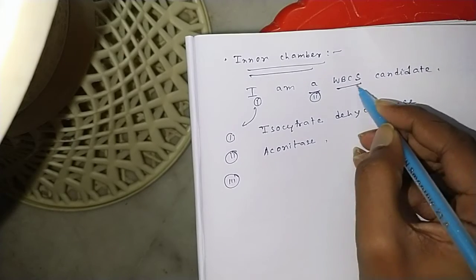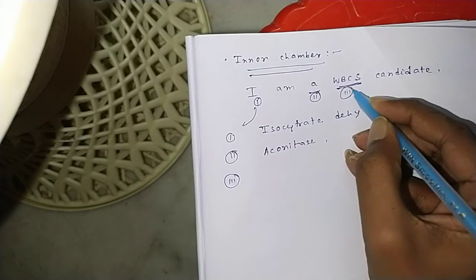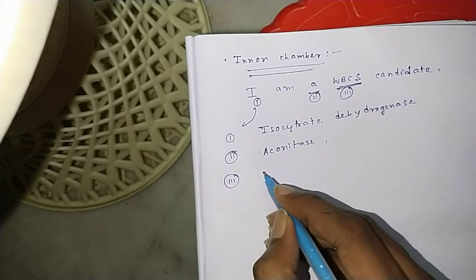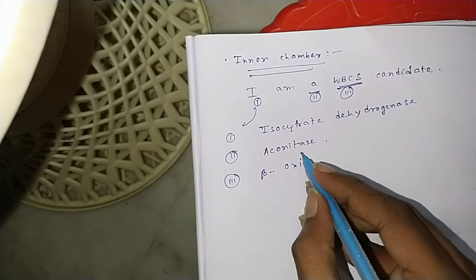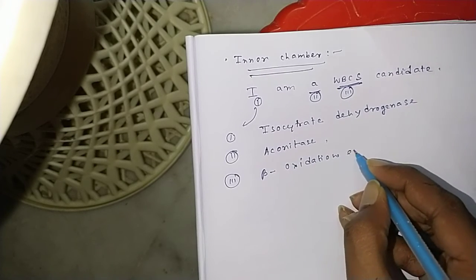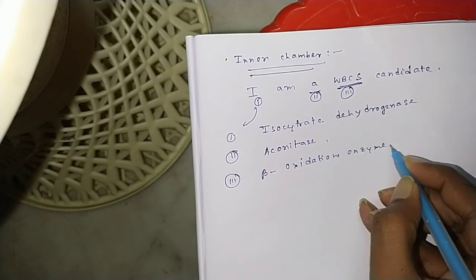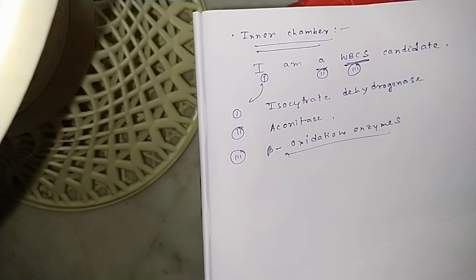Then you have this WBCS, only the BCS part will be taken, and which means beta oxidation enzymes. Okay, so the B is beta oxidation enzymes.